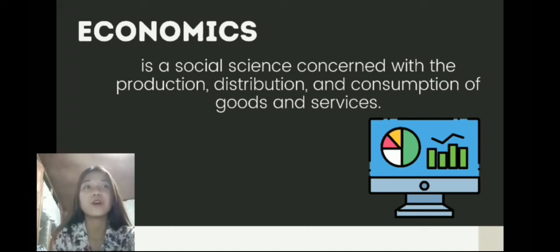It also focuses on the actions of human beings based on the assumption that humans act with rational behavior, seeking the most optimal level of benefit or utility. In short, it is the study of how humans make decisions in the face of scarcity.